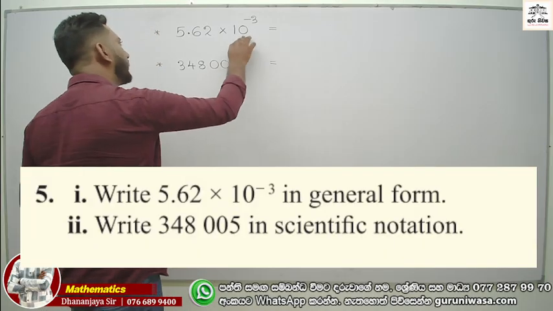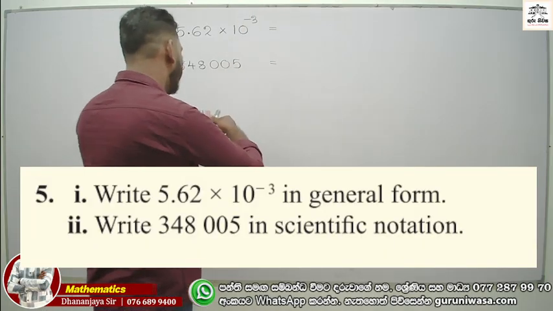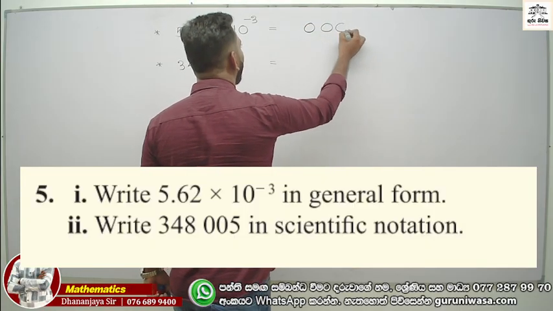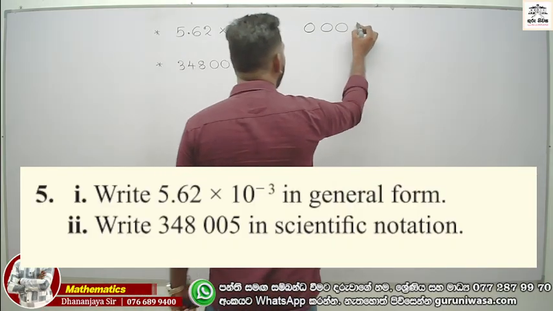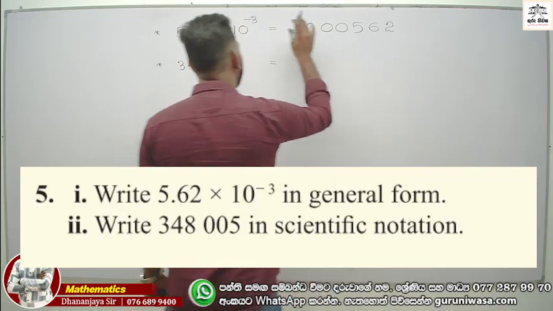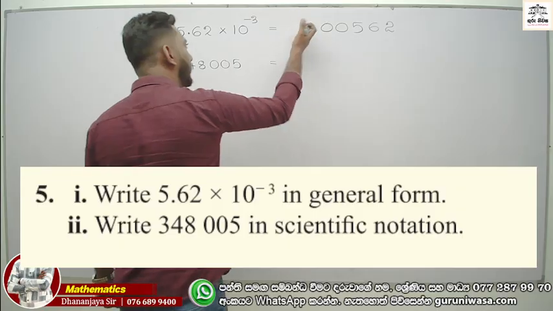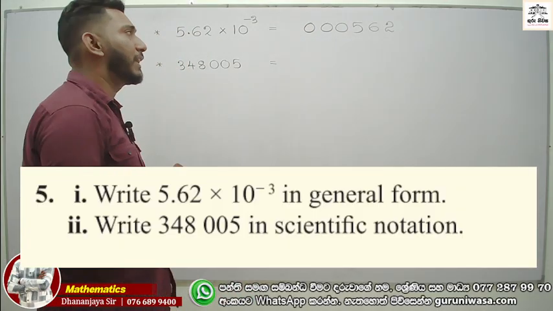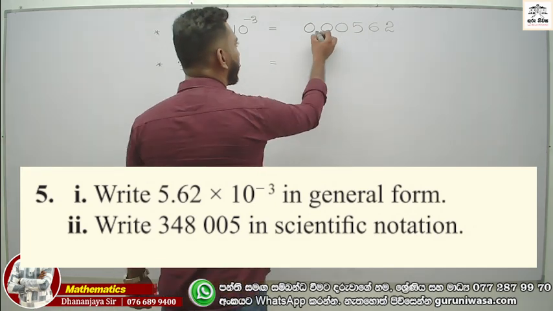If it is 10 to the power of minus 3, you write 3 zeros, in front of the first significant figure before the 5, and put the decimal point here.